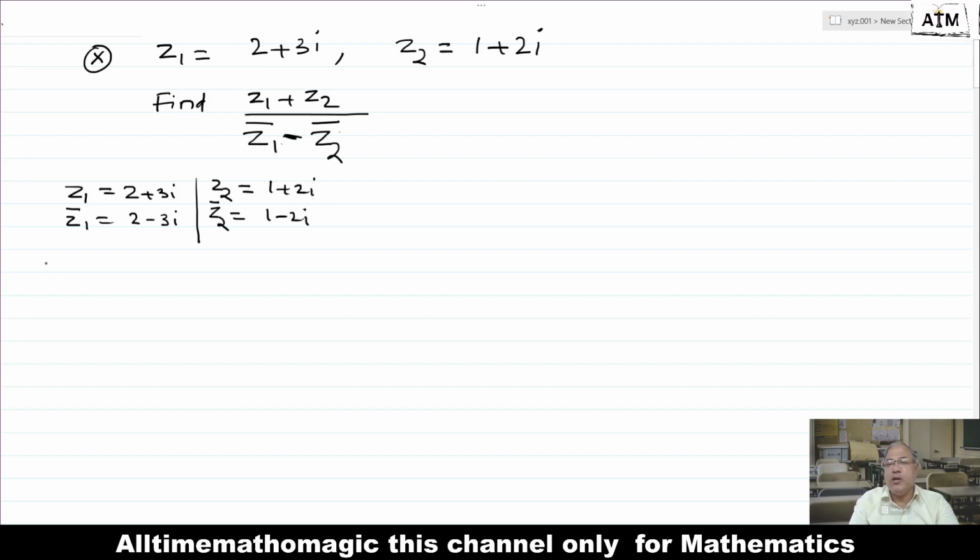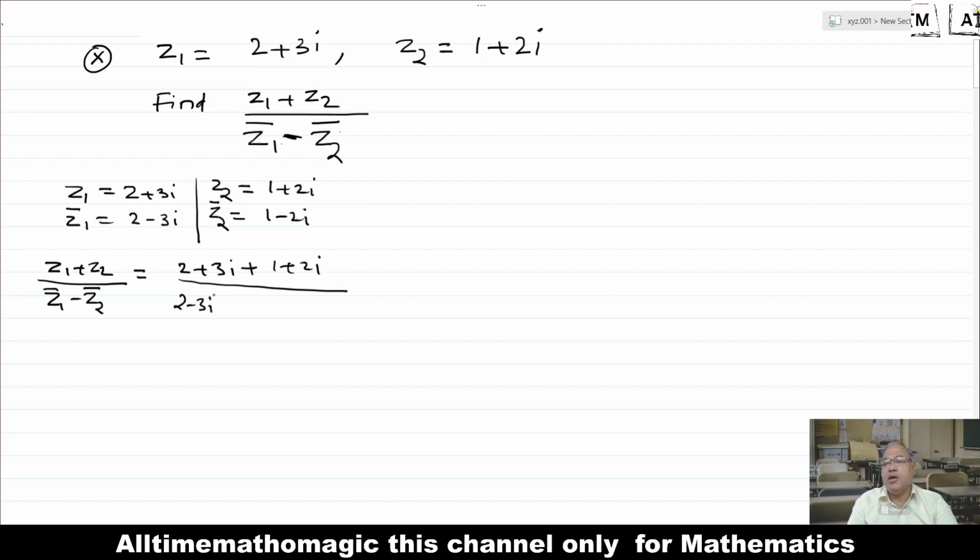After that, we have to find Z1 plus Z2 upon Z1 bar minus Z2 bar. So Z1 plus Z2 is 2 plus 3i plus 1 plus 2i, upon Z1 bar, that is 2 minus 3i, and there is a minus, Z2 bar, 1 minus 2i.